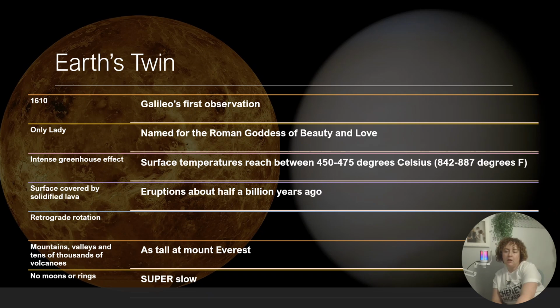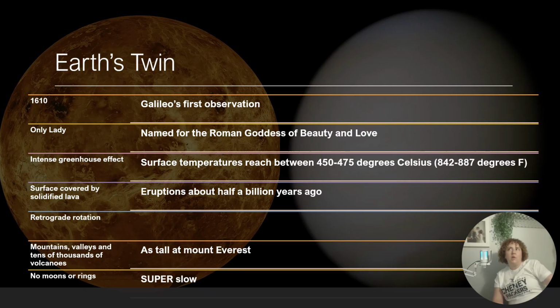The surface of Venus can reach anywhere between 450 and 475 degrees Celsius, which is about 842 to 887 degrees Fahrenheit. Your oven cannot even get that hot. I think some industrial ovens can, but commercial home grade ovens cannot.